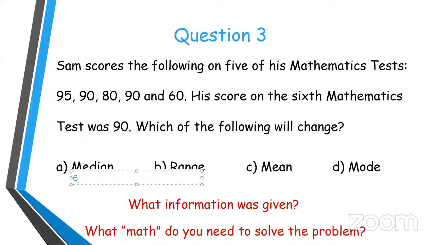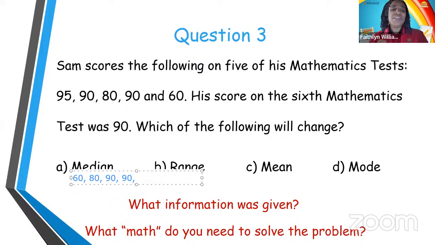So it's 60, 80, 90, 90, 90, and then 95. Hold on, Jonathan. I noticed you gave me three 90s. Let's deal with the set of 5 scores first before we can decide what happens next.